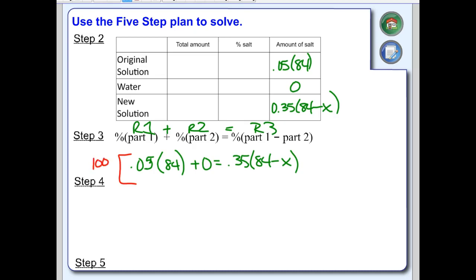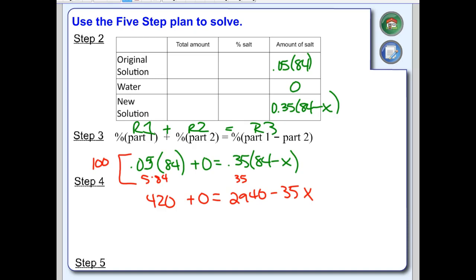Okay, so this is going to be 100 times 0.05, which gives me 5 times 84, which is 420. 100 times 0 is 0. This is going to make this 0.35, so now I've got 35 times that, which is going to give me 2,940 minus 35x. And now we've got to finish the job.